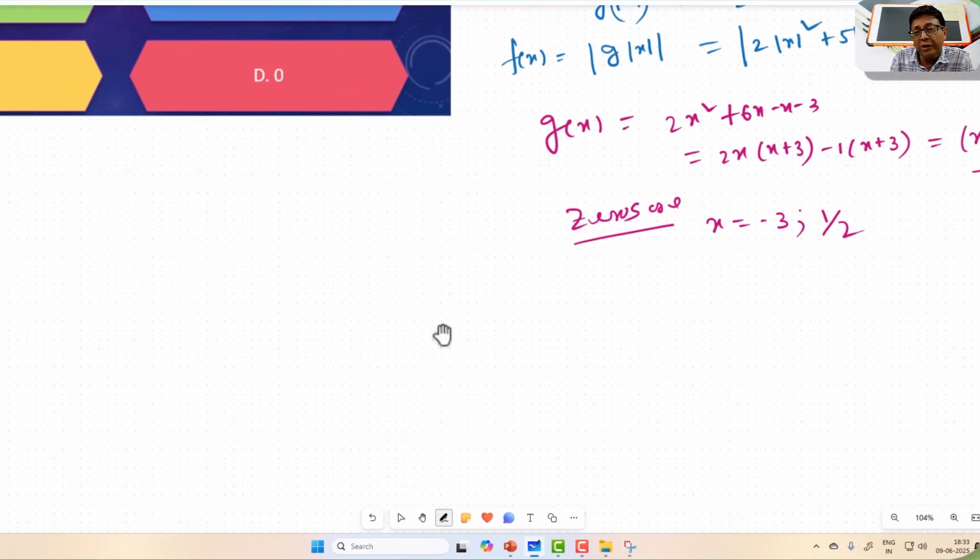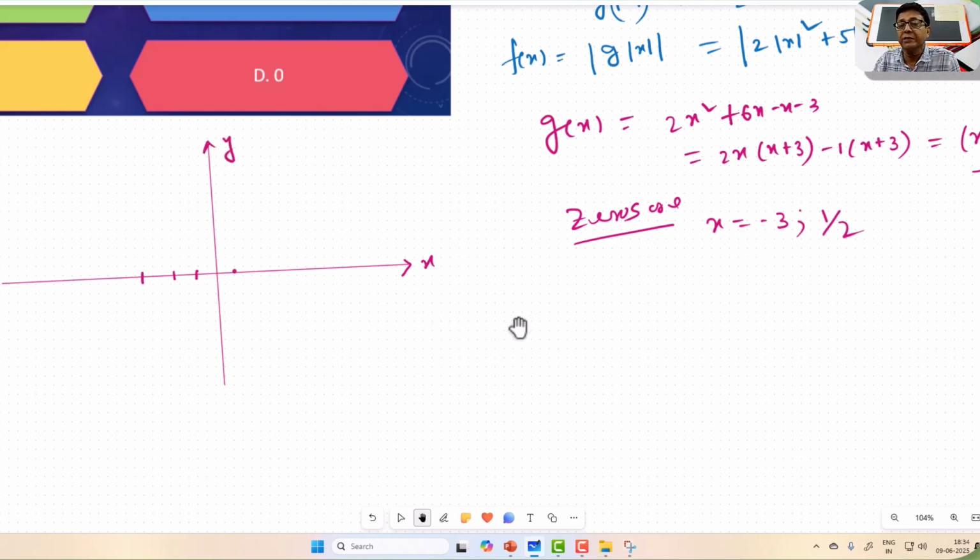Let us plot the graph of the function now. Minus 3, and say there is half over there. So the graph of the function is not symmetric. There is another problem. But we can get the point of intersection with the x-axis.